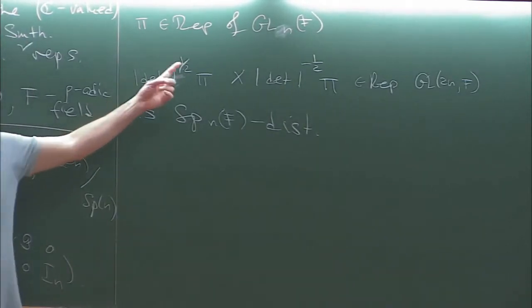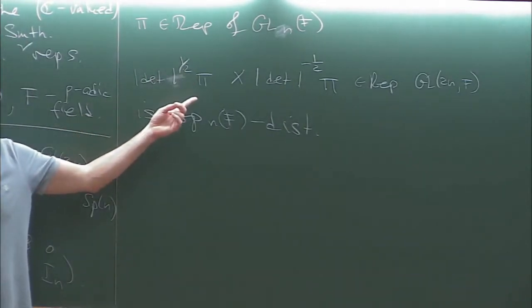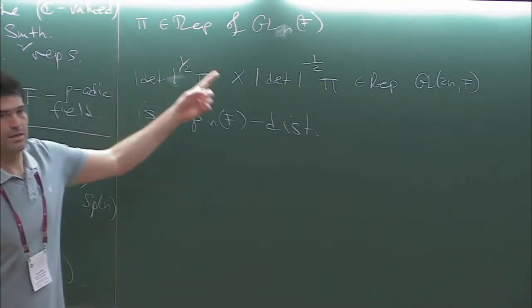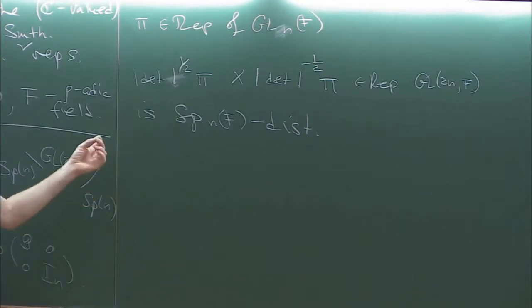So in a way, this explains the transfer, but these representations are not irreducible. So we're not constructing the example of irreducibles that are distinguished in this way. So if, for example, pi originally was a tempered representation, then this representation is a Langlands quotient, and this Langlands quotient will be distinguished as well.